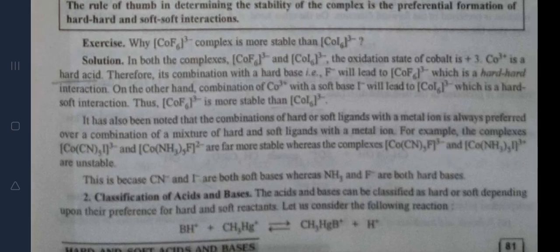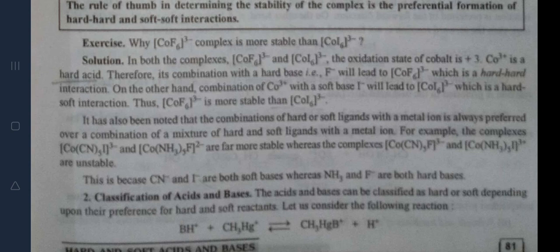Now a question arises: why is the [CoF6] 3 negative complex more stable than [CoI6] 3 negative? In both complexes, [CoF6] 3 negative and [CoI6] 3 negative, the oxidation state of cobalt is +3. Co3 positive is a hard acid.